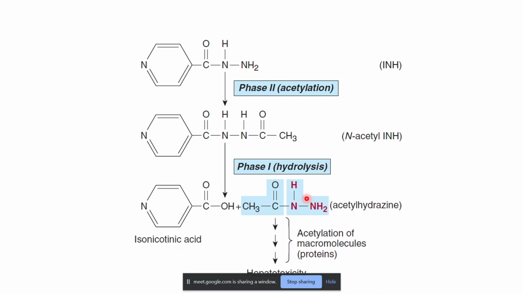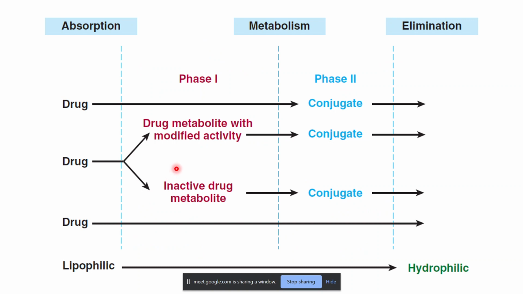Hydrolysis goes by the acetyl bond and will form isonicotinic acid. In this example, phase 2 is the first step and phase 1 is the second step, but this is usually not the case.